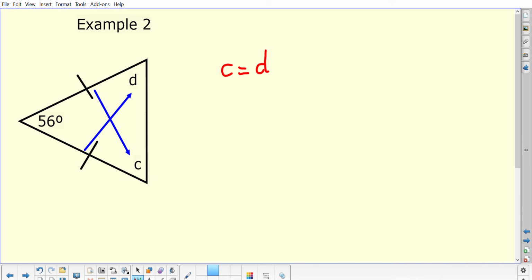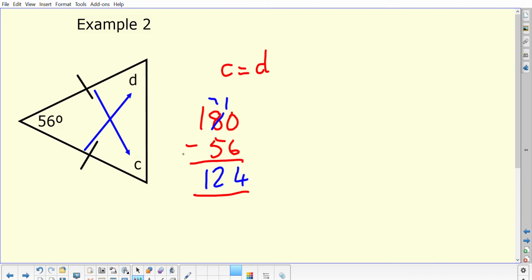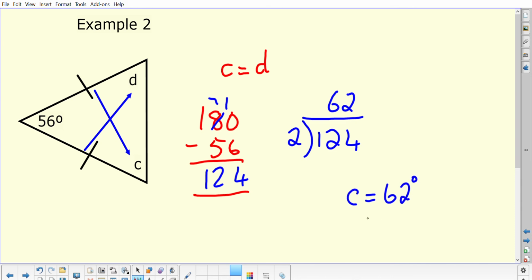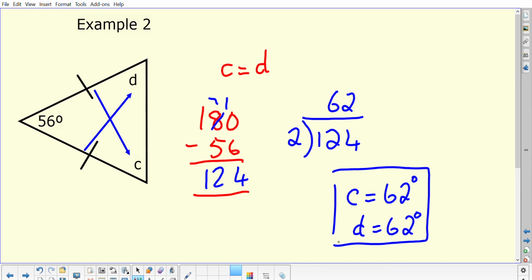Well, if I do 180 take away the angle that I know, which is 56, I then know that the 124 is shared equally between angle C and D. So if I do 2 into 124, which is going to give me 62, that would tell me that angle C needs to be 62 and angle D is also equal to 62 degrees.